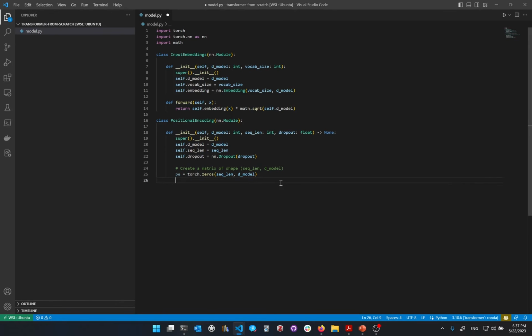So first we create a vector called the position that will represent the position of the word inside the sentence. And this vector can go from 0 to sequence length minus 1.